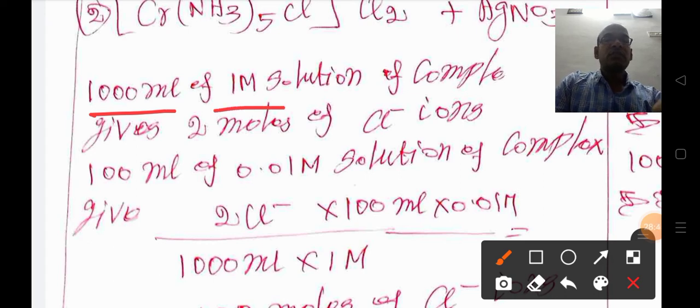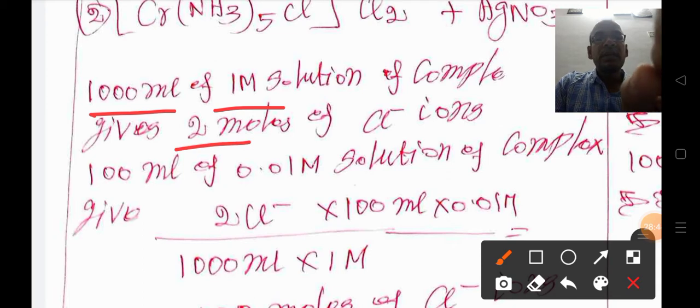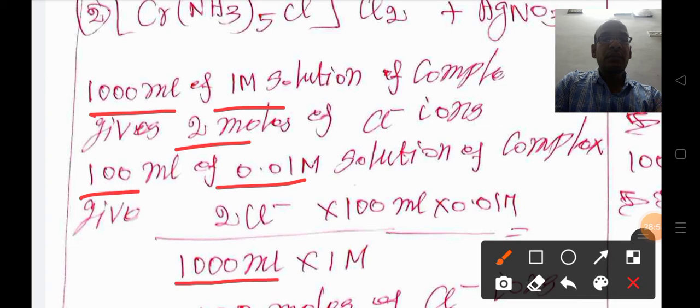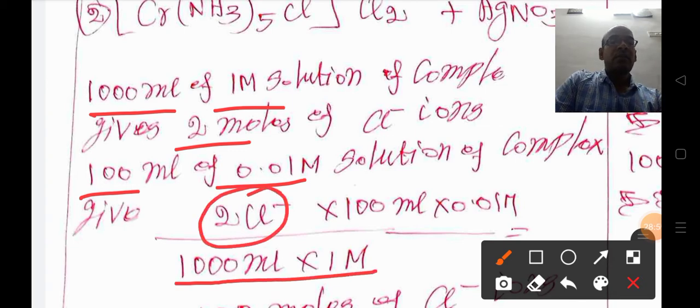The question asks about 100 ml of 0.01 M solution. From the first point, 1000 ml of 1 M gives 2 Cl. Therefore, we can change the volume and concentration, that is 100 ml of 0.01 M. You can solve this.